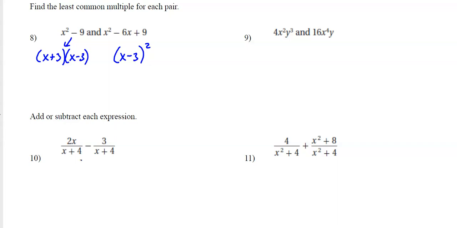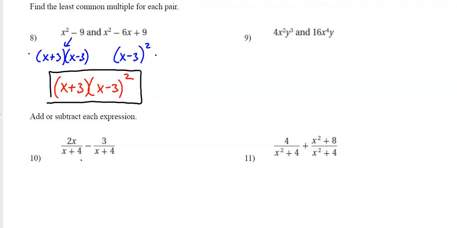And whenever the two terms have a common factor and one has a bigger power, you have to use that power. So overall, it's going to be an x plus 3 times x minus 3 squared. So now, if I wanted to, this side could just be times by x plus 3. This side could just be times by an x minus 3, and they would both be able to turn into this. That can accommodate both of those.